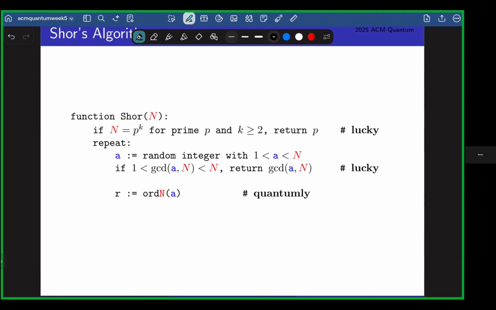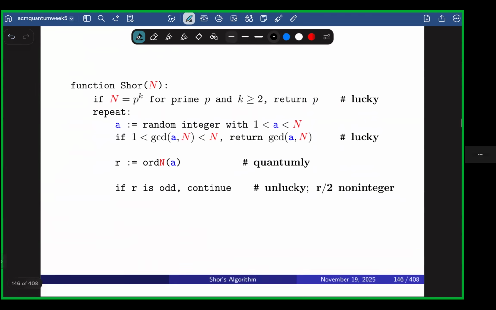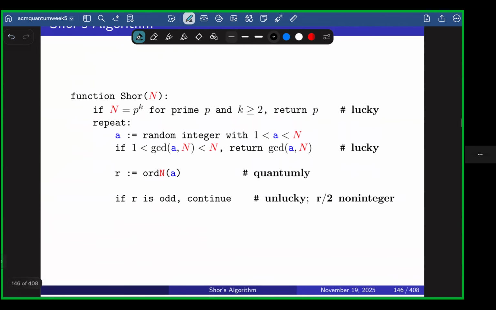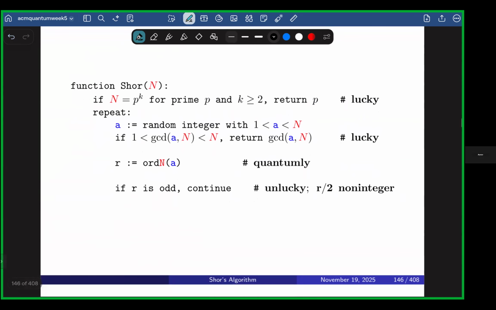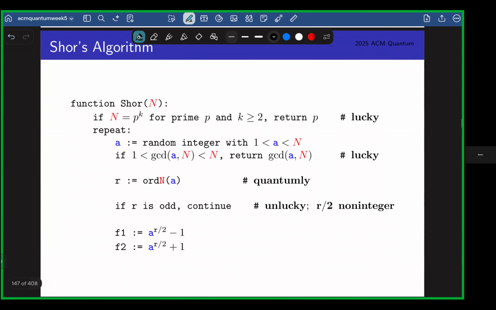If we didn't get lucky, then we have to find the order, and that's what Shor's algorithm will do quantum mechanically. If the order r is odd, then we just continue, because then we can't divide it by 2 and get an integer. If it's even, we compute these two factors that we just discussed.